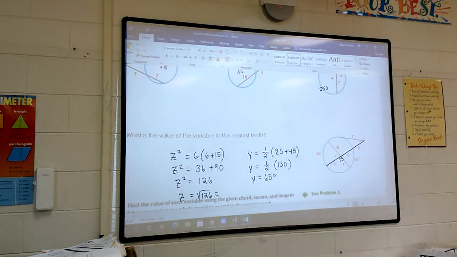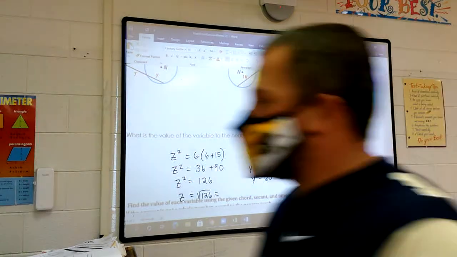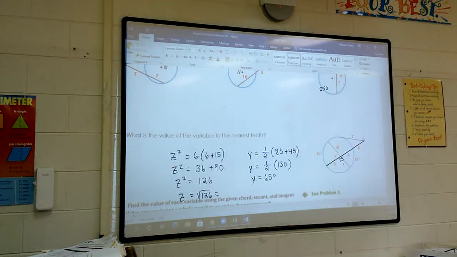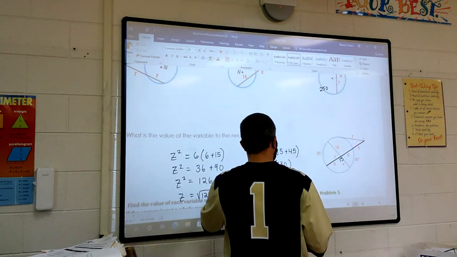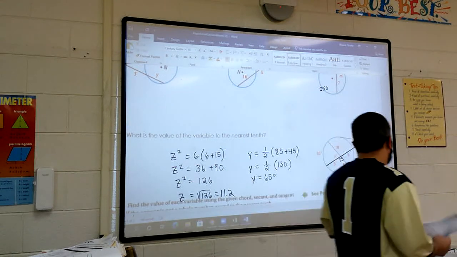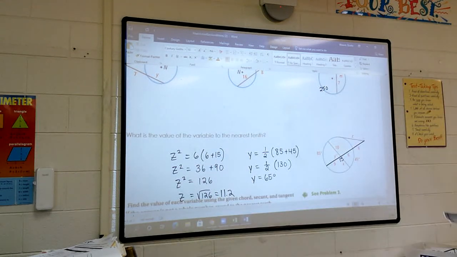We're going to end up getting a decimal, which is okay, not a big deal. We get 11.2, sorry, 11.2. Now, let's look at the last one. I actually thought the last one was the easiest one.